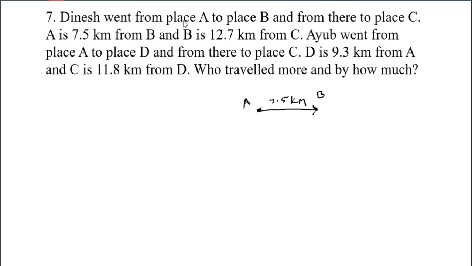And B is 12.7 kilometers from C. So here the information is already given. He went from A to B and from B to place C. So say this is C. B is 12.7 kilometers from C. So this is 12.7 kilometers from C. So this is Dinesh.